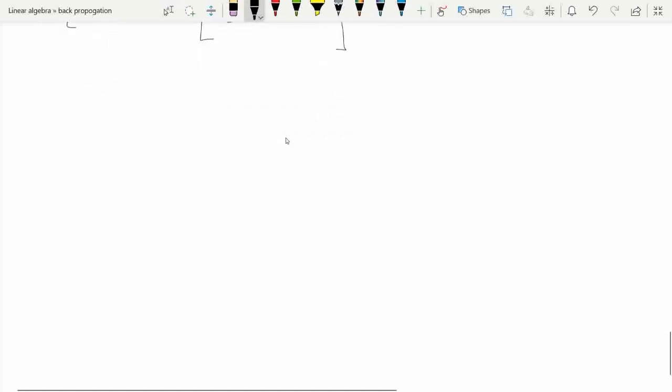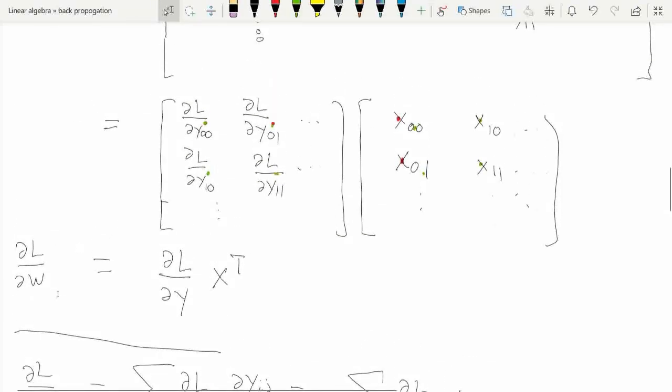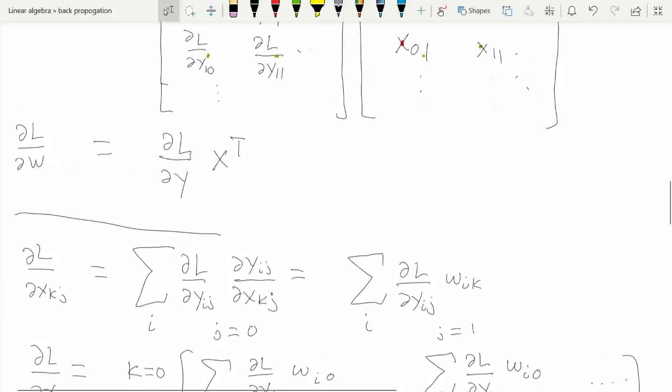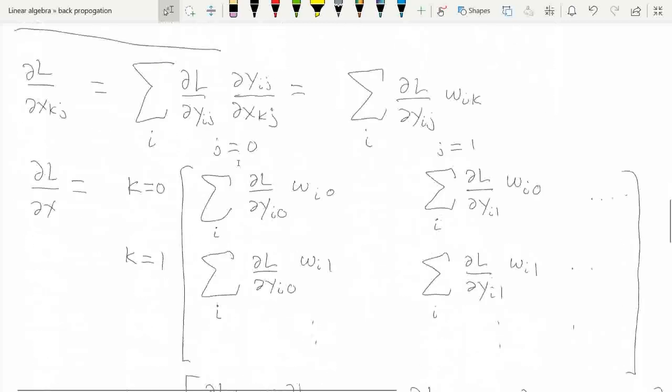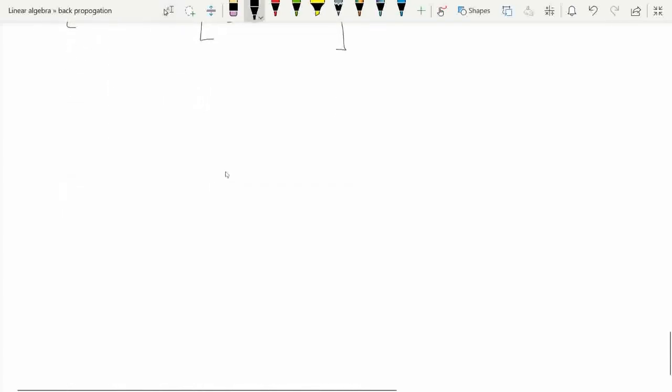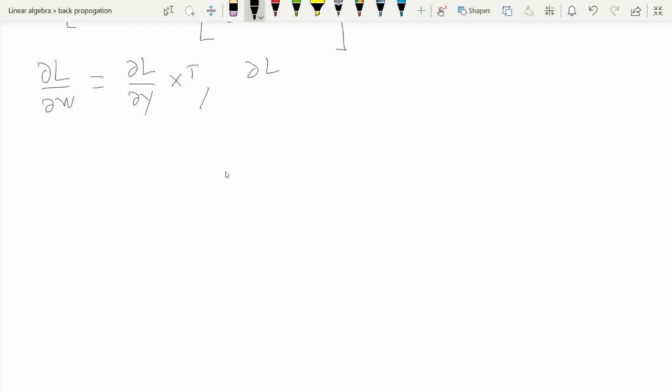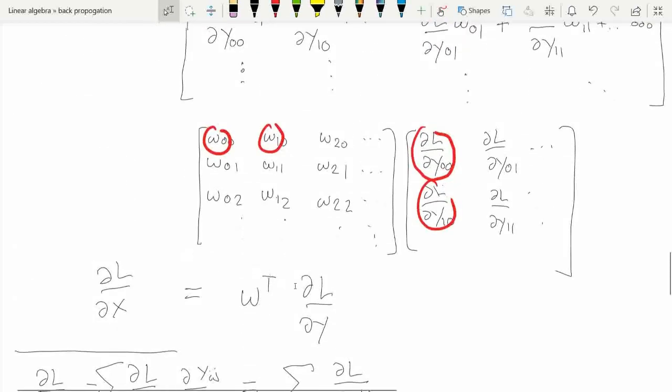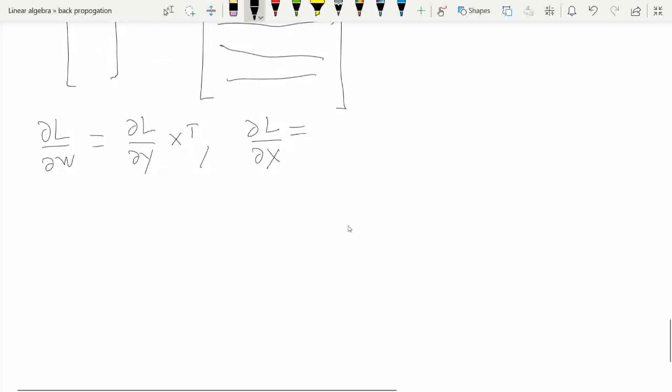So if we just write down the formulas, then that should be the whole thing done. The partial derivative of the loss with respect to the weights is partial L with respect to y times x transpose. Partial of L with respect to x is W transpose times partial L by partial y.